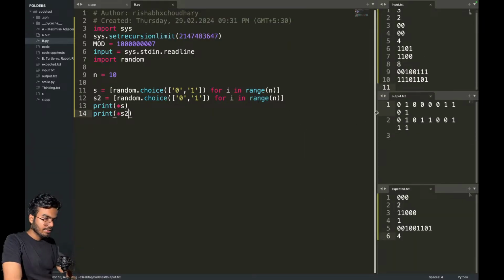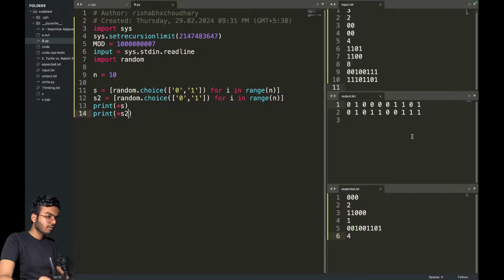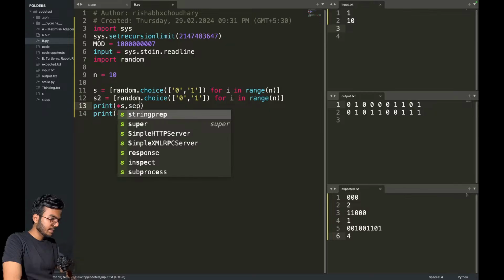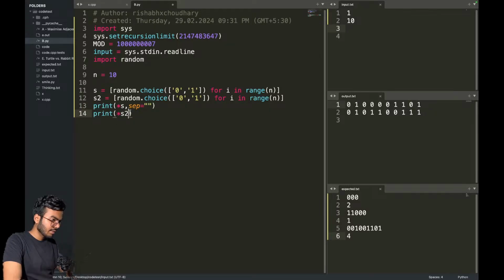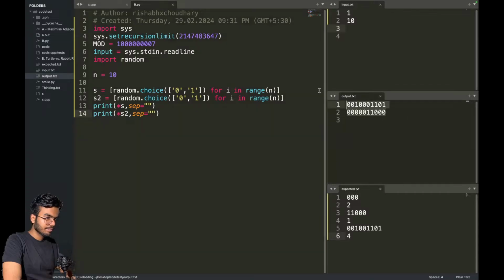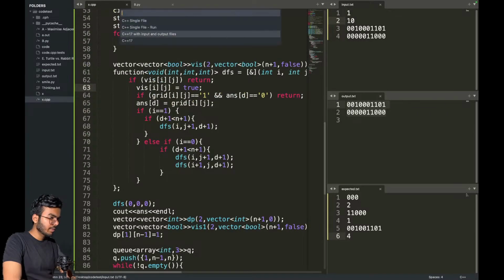So let's say we have something like this. Okay, so what will be the answer for this whole test case? So if we have only one test case and a 10-digit number, actually let's say sep equals to a space, comma sep equals to space. Yeah. So if we have this, what is this code giving me as output?